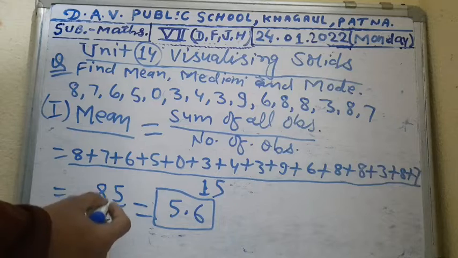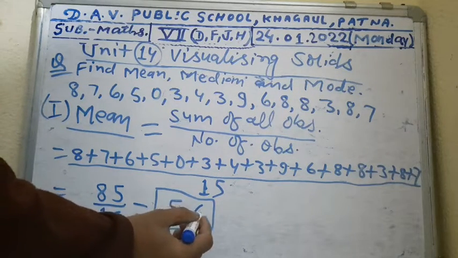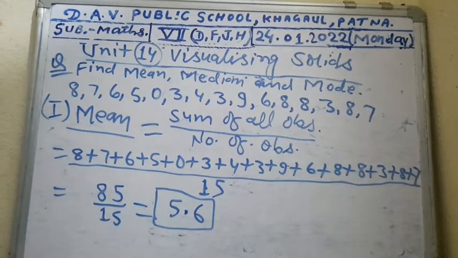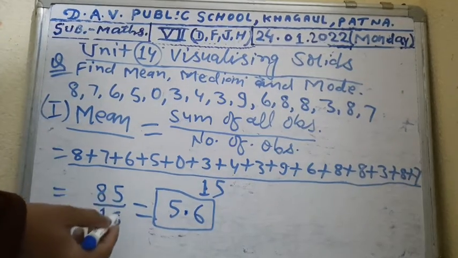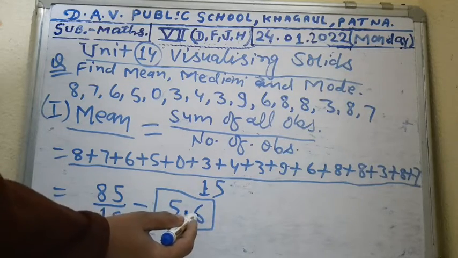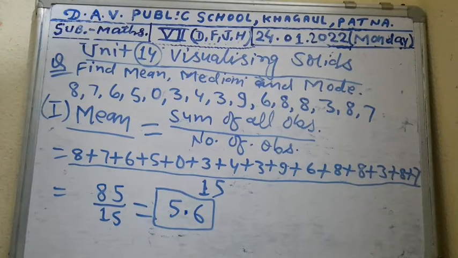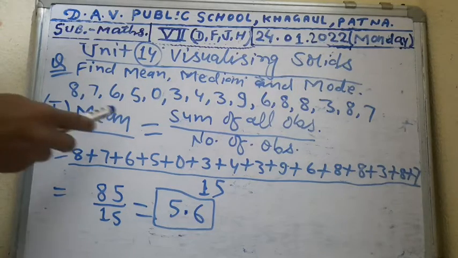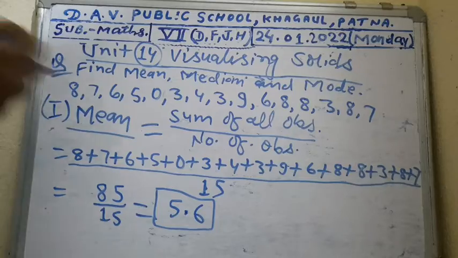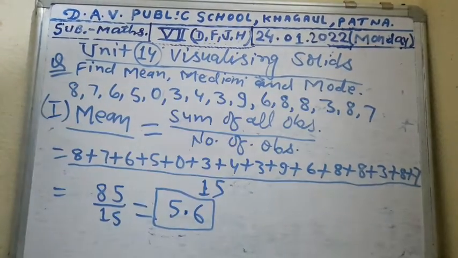That means 15, 6 ja 90. So we put after 1 decimal plus 6, 5.6. So 5.6 approximate value of the mean of given observation. So all of you must revise to any other question to find mean. All of you should first sum of all observation divided by number of observation in this way.